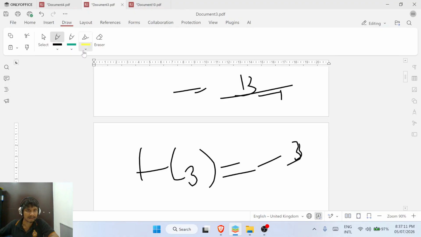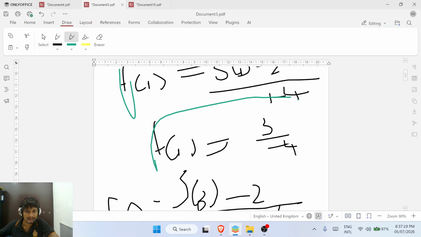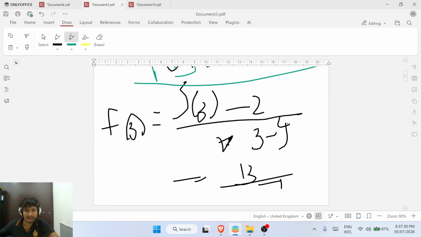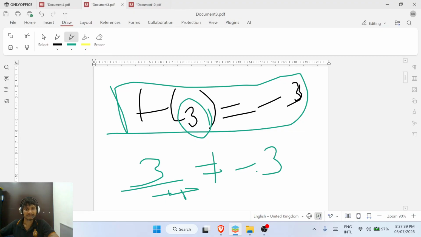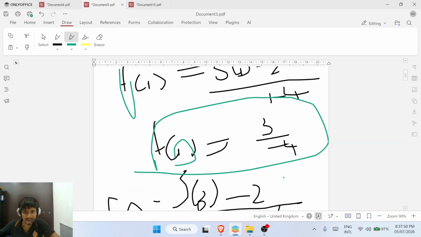Then they give the reason that the 1 in the domain has the value 3 by minus 4, and the 3 in the domain has the value minus 13. Therefore, 3 by minus 4 is not equal to the other value. They say this is a one-to-one function because they substitute only two or three values and conclude that every value is unique.